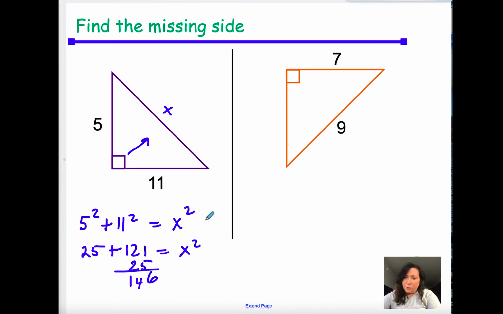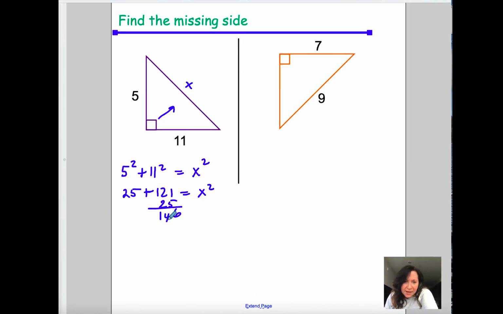So we have x squared is equal to 146, and we're going to take the square root of both sides, and we're going to say x is equal to the square root of 146.